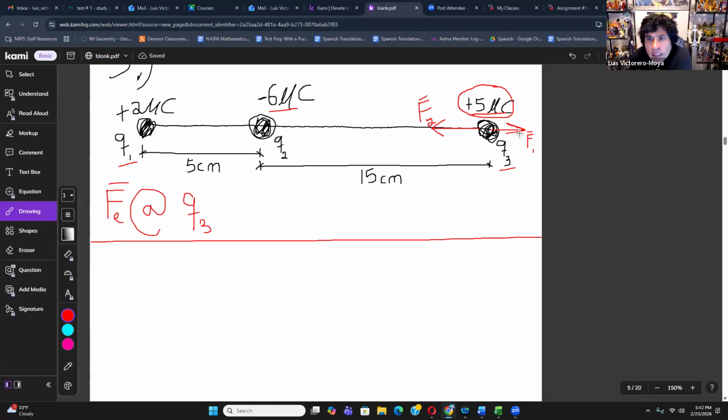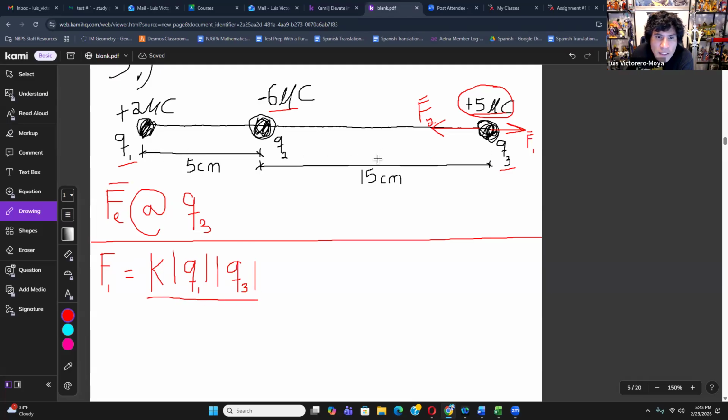And then you have to find the magnitude of F1. In the first quiz, the confusion was that most of you used the wrong equation. It was asking for the electric field, not the electric force. Here they're asking you for the force, so you use K, because it's F1, K Q1 Q3 over the distance.